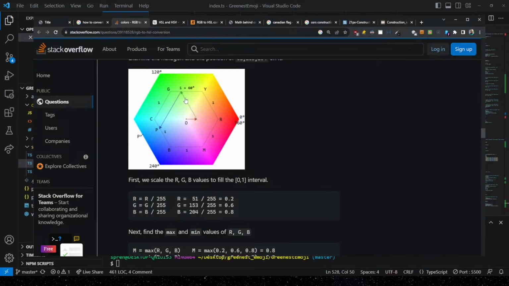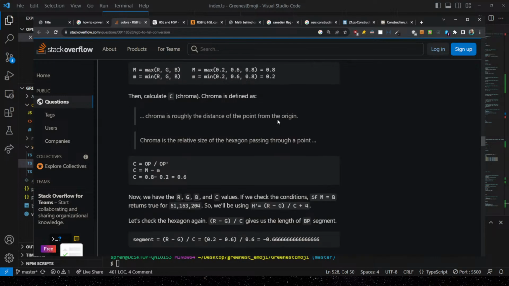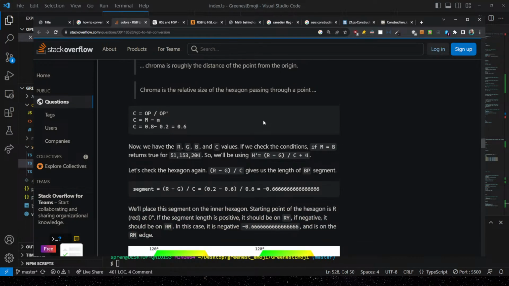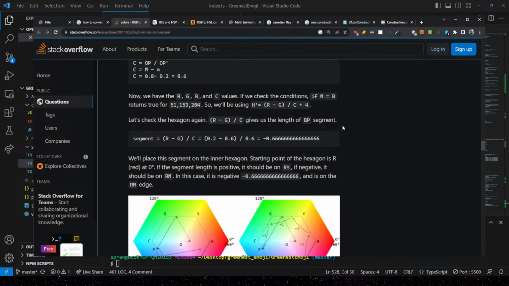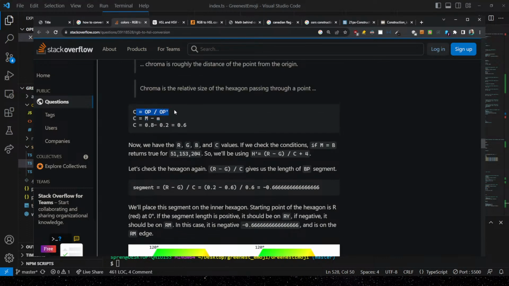Red, green, blue. But if you can just do max minus min, I feel like you would just do max minus min, right? Okay. Don't fully understand that, but it doesn't matter.